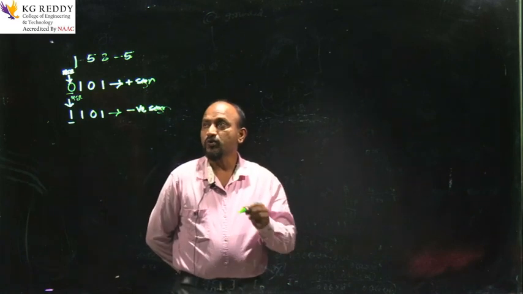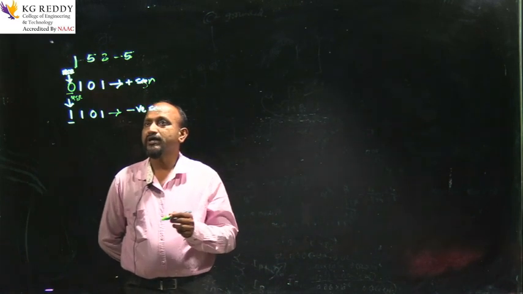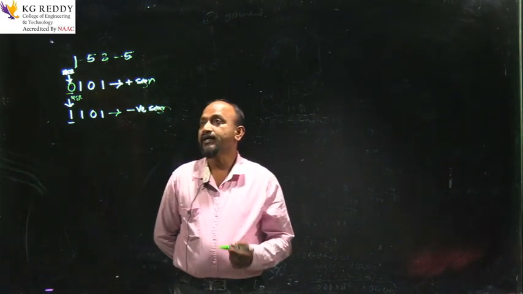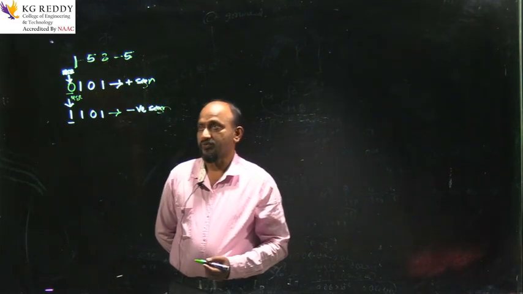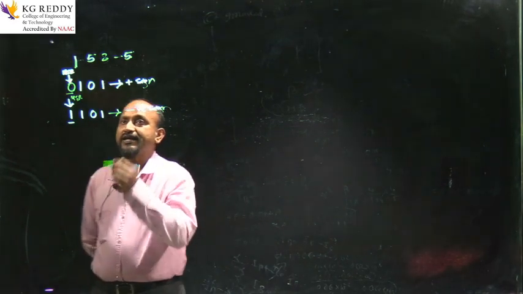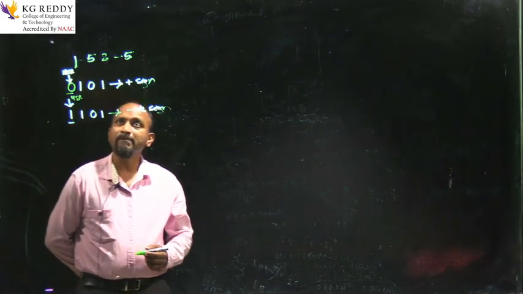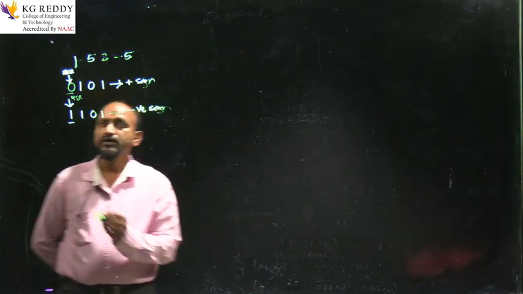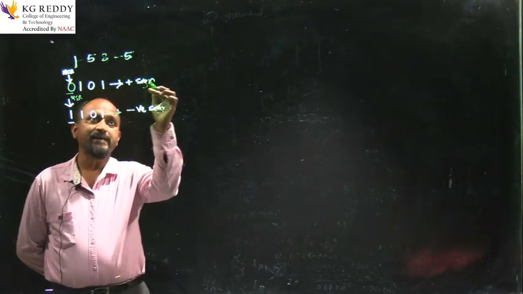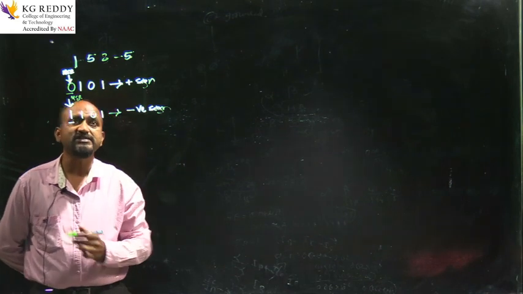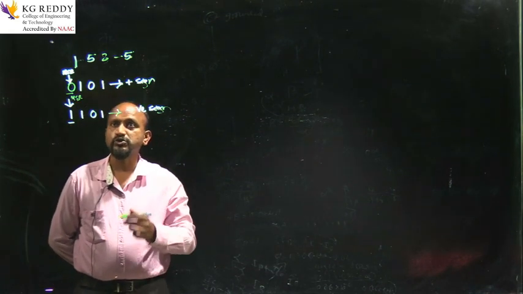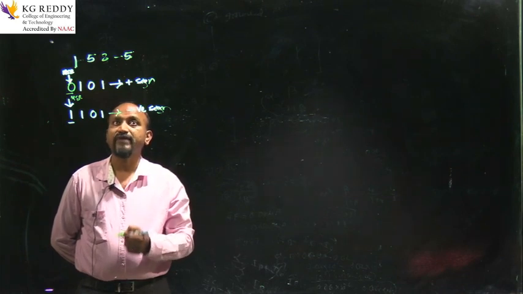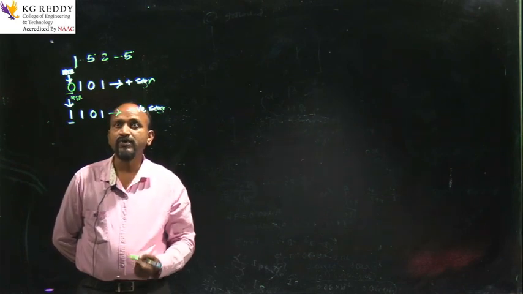That means 0 is inverted to 1 and 1 is inverted to 0. Plus 5 is represented the same way, with the positive sign. Then how do we represent minus 5 using the one's complement?